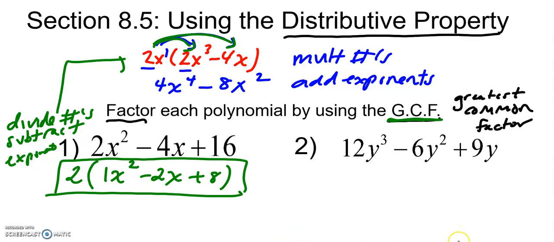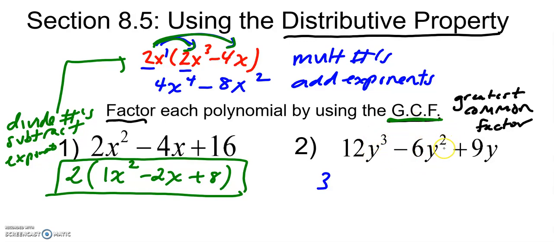The second example, if I look at the numbers 12, negative 6, and 9, the biggest number that goes into all 3 is positive 3. And then if I look at y to the third, y squared, and y, I ask myself, what is the biggest exponent that I am allowed to take out of all 3? First, my eye goes to y to the third, and I ask myself, can I take 3 y's out of 2 y's?